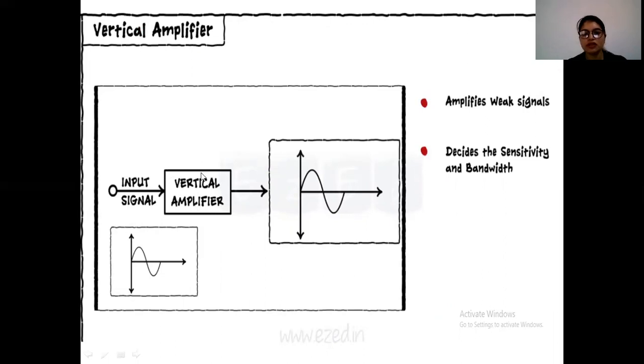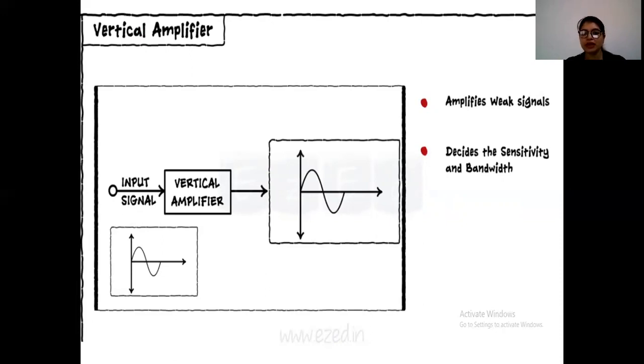So what is the function of this vertical amplifier? When we provide an input signal from signal generator, that could be of 1 kilohertz frequency, 2 kilohertz frequency, and so on. Also, the voltage level of input signal and amplified signal depends on the input signal information.